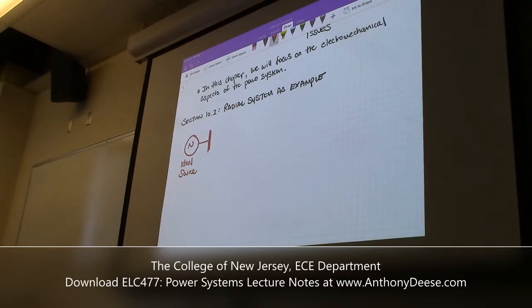That's our bus connected to a transmission line. Connected to our load.